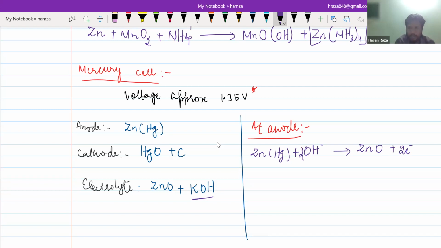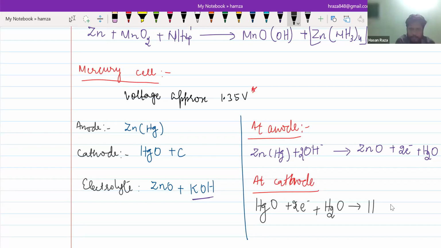Now again at cathode there will be reduction. So you see how the reaction will happen. HgO plus H2O plus 2 electrons will give Hg plus 2OH minus.